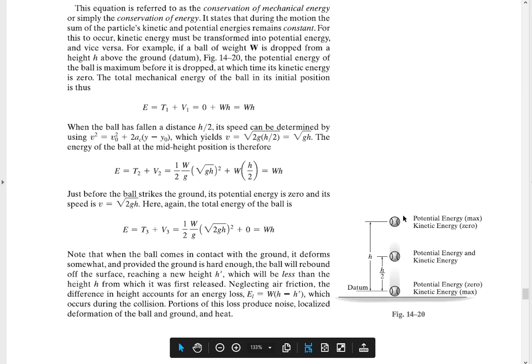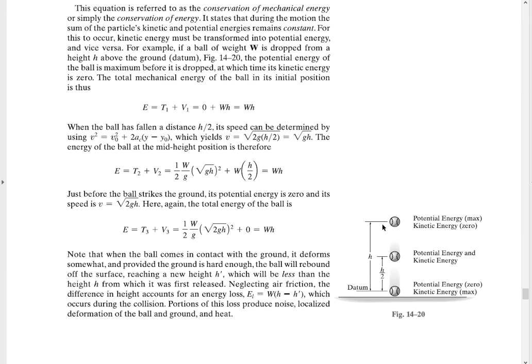And they give the example here of a ball that drops. So it starts from 0 at some elevation, and as it moves down, the potential energy is decreased, and we have an increase in kinetic energy.